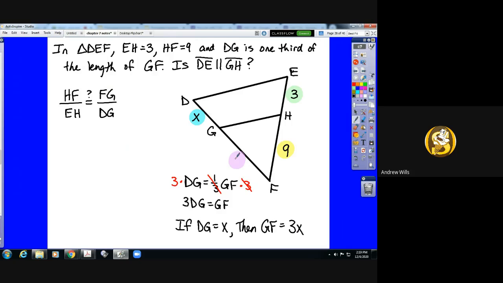This will allow us to check the proportion. We don't need actual lengths to check the proportion because we're comparing them to each other, which means the variable is going to get canceled anyway.